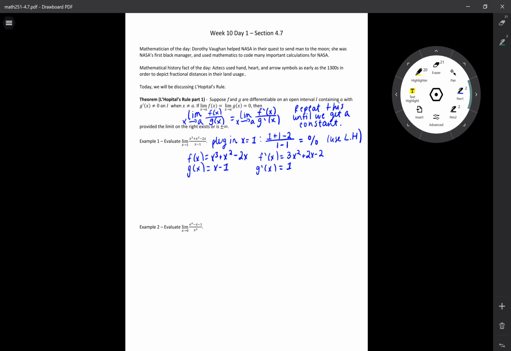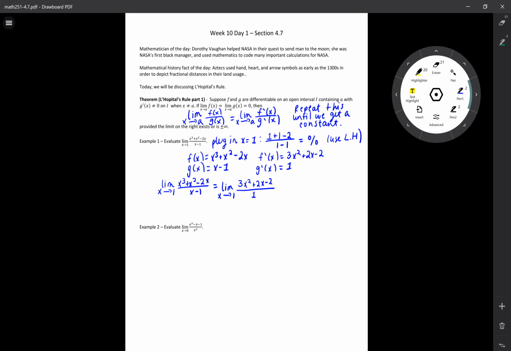So L'Hopital's rule says that the limit as x approaches 1 of my original function, which was x cubed plus x squared minus 2x divided by x minus 1, is equal to the limit as x approaches 1 of the derivative of the top, which we found to be 3x squared plus 2x minus 2, divided by the derivative of the bottom, which was 1.